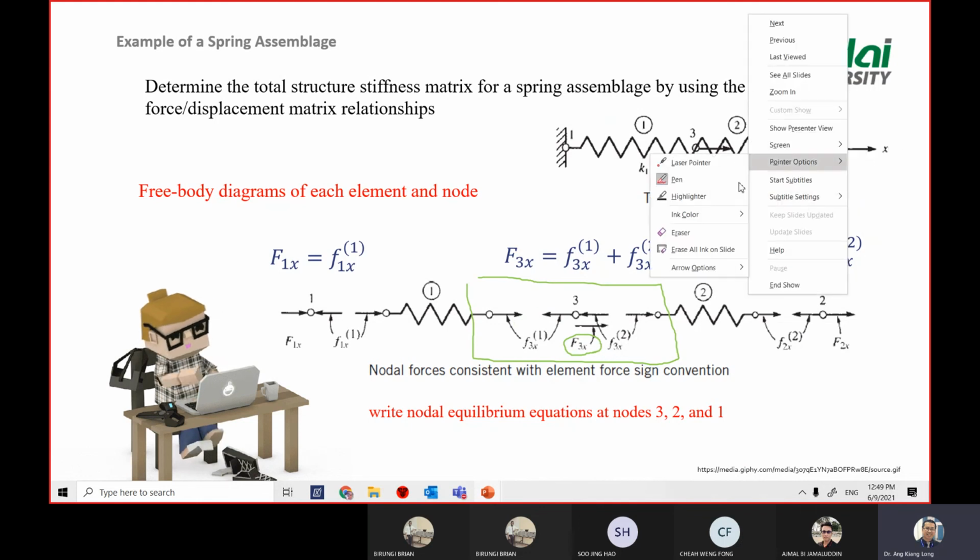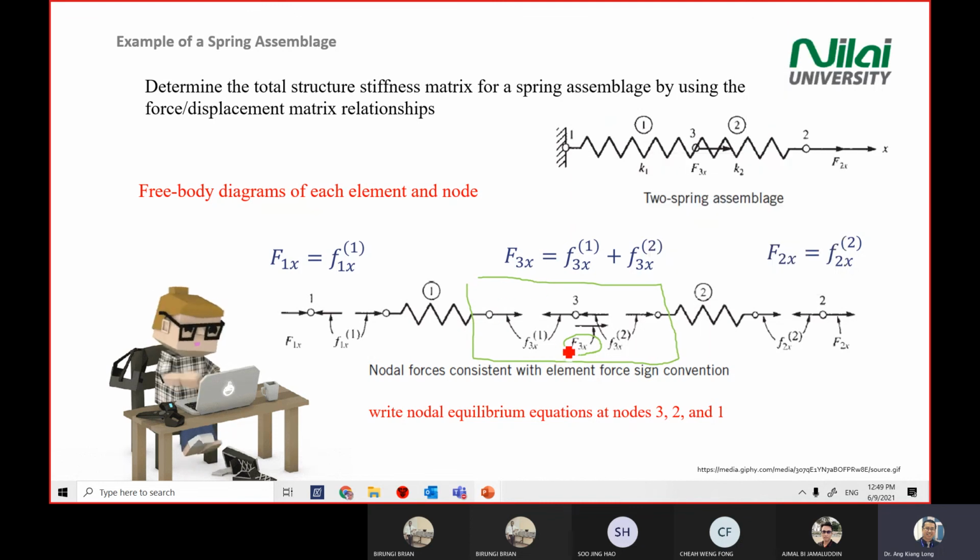So what you do, you just copy the direction of the external force. This is step 1. Then you draw the arrow according to the external force arrow. So if the external arrow is going to the right, then you draw going to the right. This one also goes right.